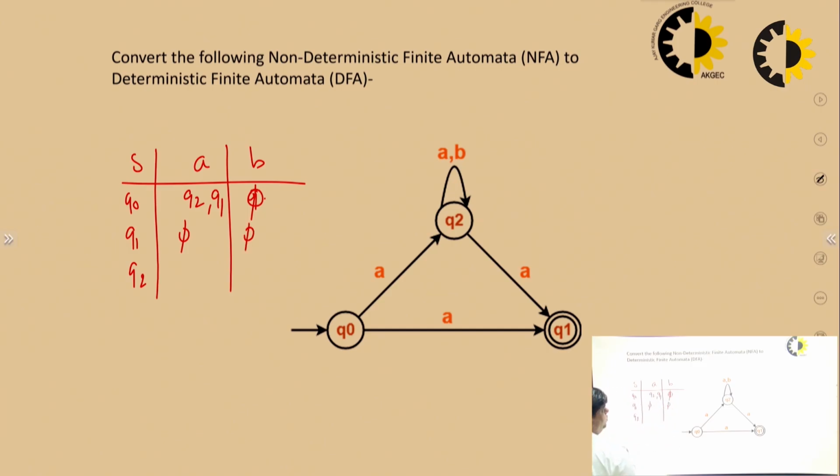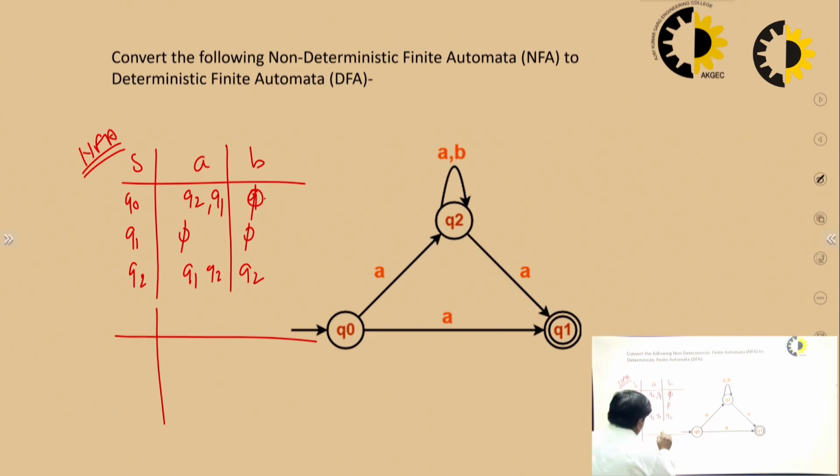Now Q2, A, that is Q1 and again Q2. Now Q2, B, that is Q2, only this. So now this is the transition table of the NFA, and using this table we can construct the transition table of the DFA.